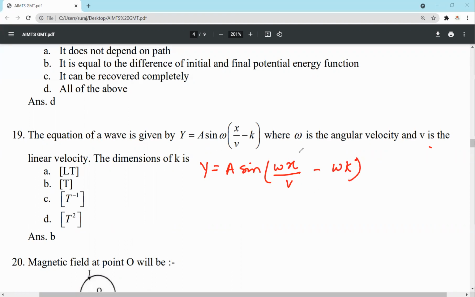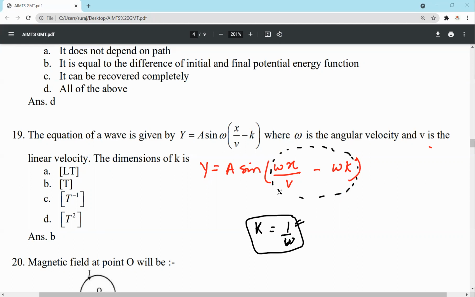This whole quantity should be dimensionless. That means the dimension of k should be equal to the dimension of omega inverse, k should be 1 by omega.